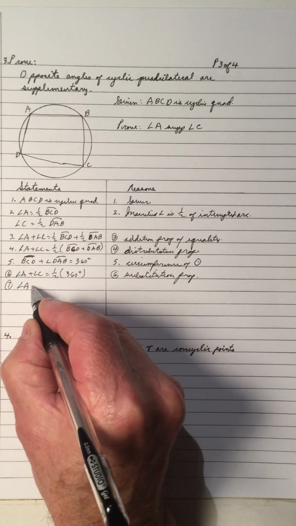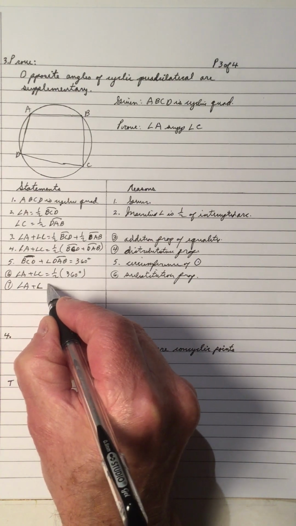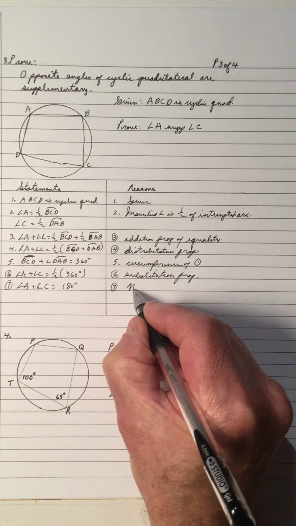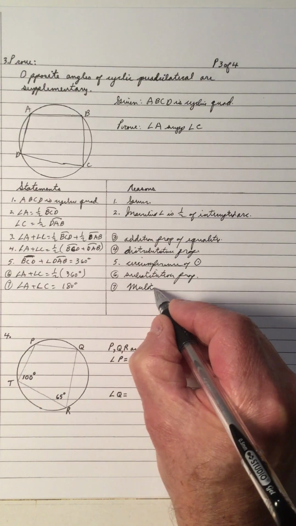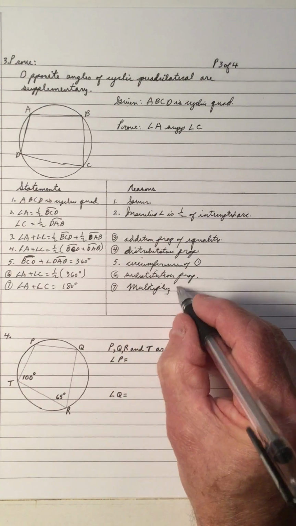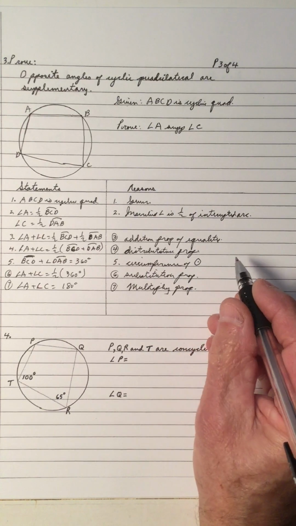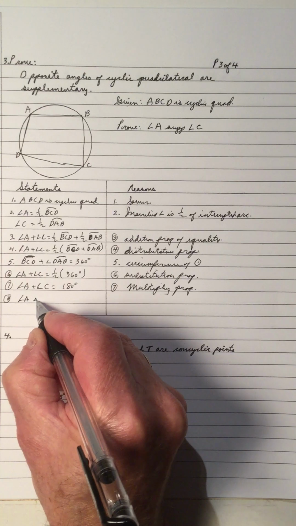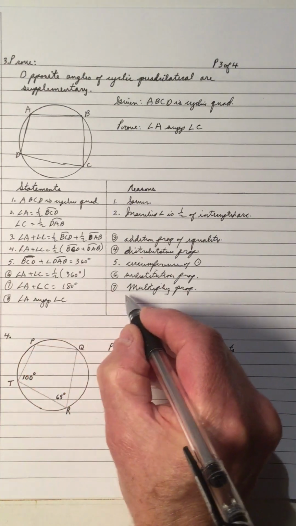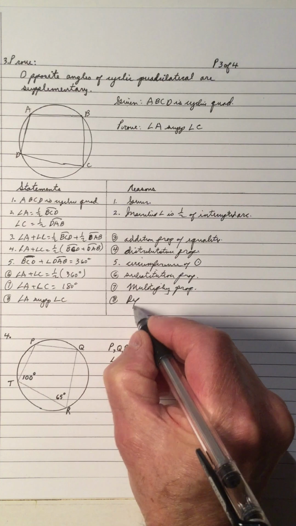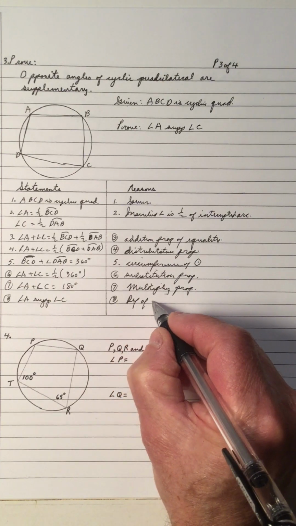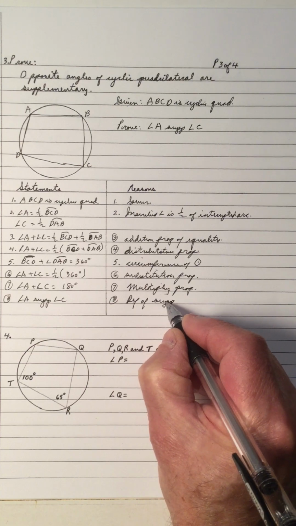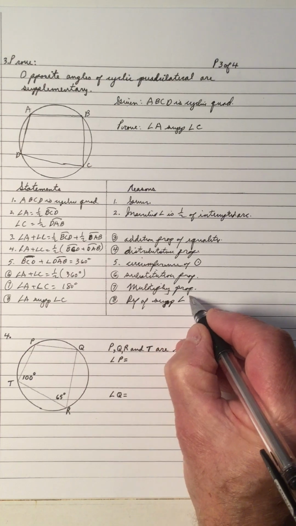So that means that angle A plus angle C is equal to 180. And that's the multiplication property. And so that means that angle A is supplementary to angle C, by the definition of supplementary angles.